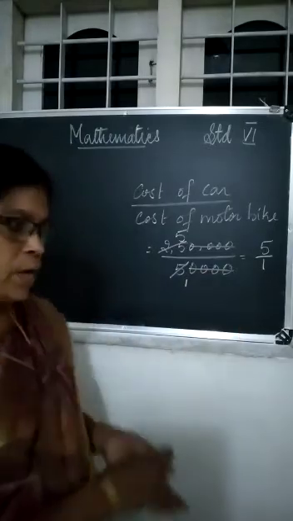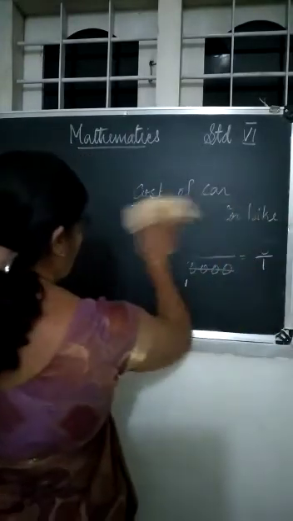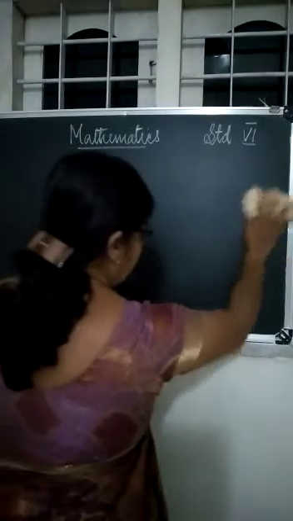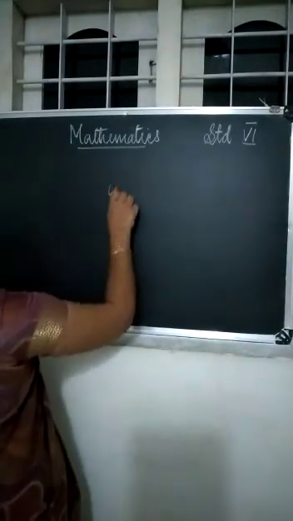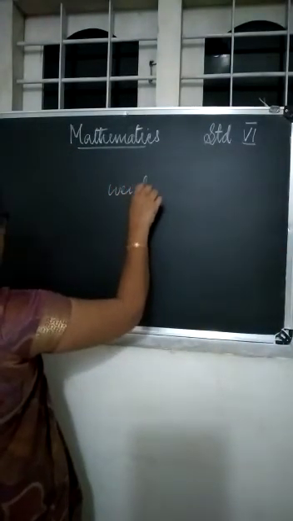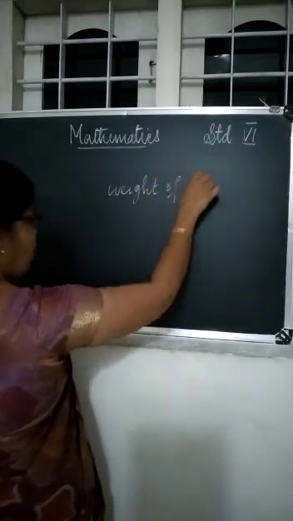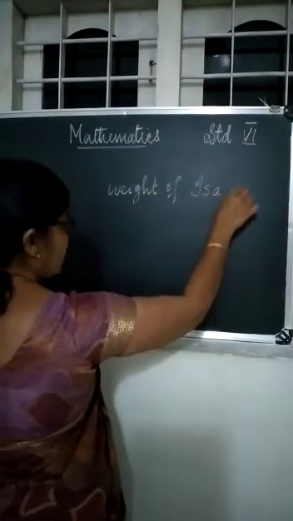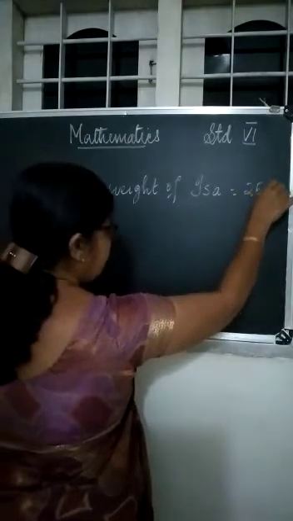Now let us see one more example. Weight of Isha is equal to 25 kg.